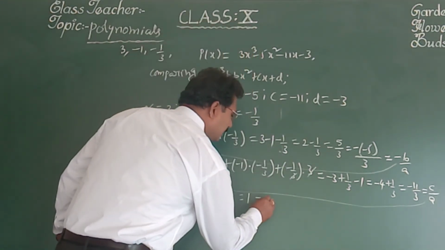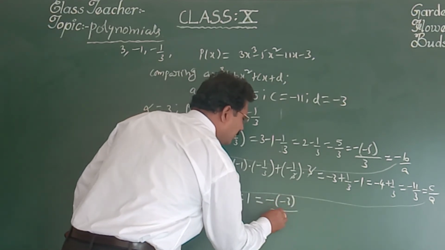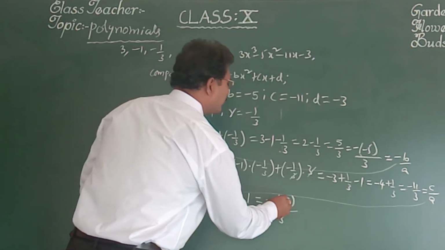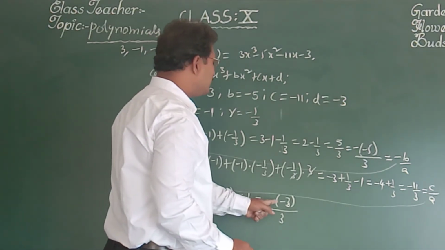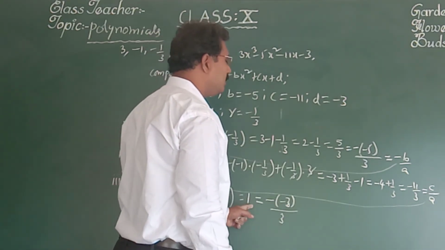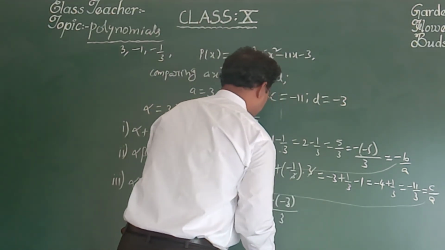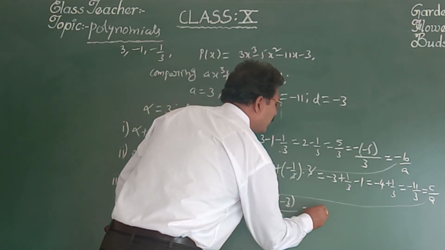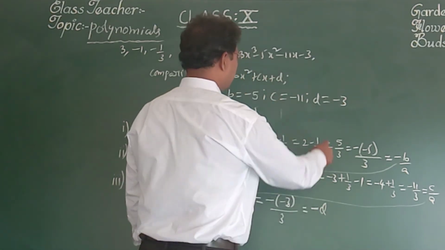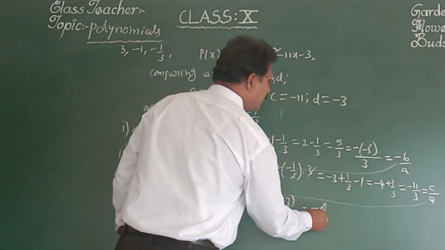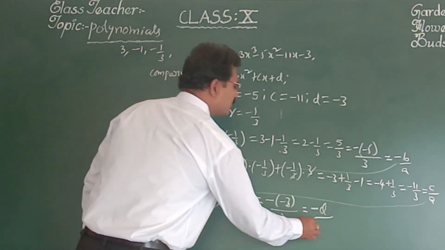So plus 1 is equal to, that means, shall I write minus of minus 3 by 3? Why? Because minus of minus 3 by 3 means minus into minus, plus 3 by 3, that is equal to 1. So that means it is equal to minus, what is minus 3? D. D by 3 means what?